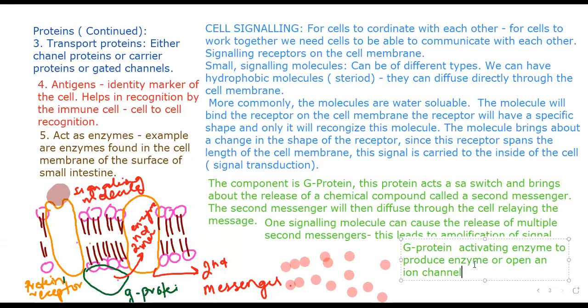Or it can act directly as the membrane bound enzyme. So instead of producing the second messenger, the enzyme will act directly as an enzyme. Whatever the role of that enzyme is, it will do its job directly.